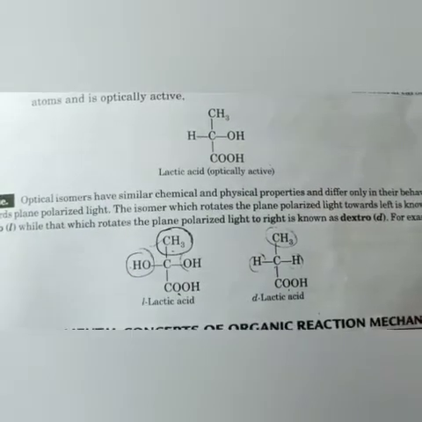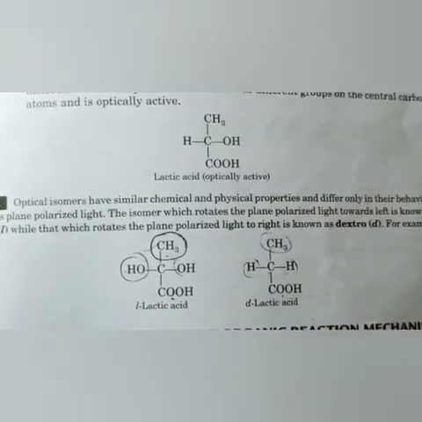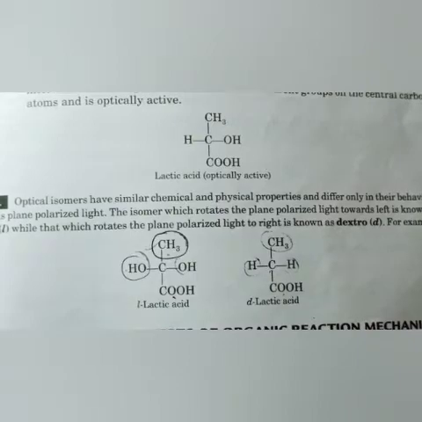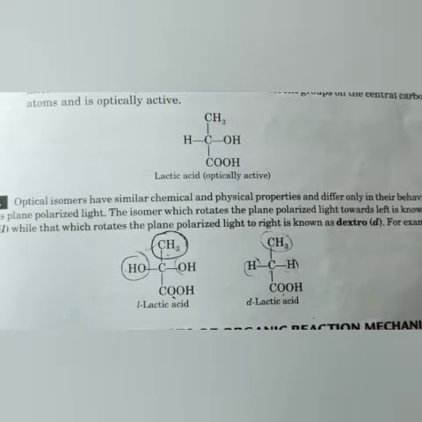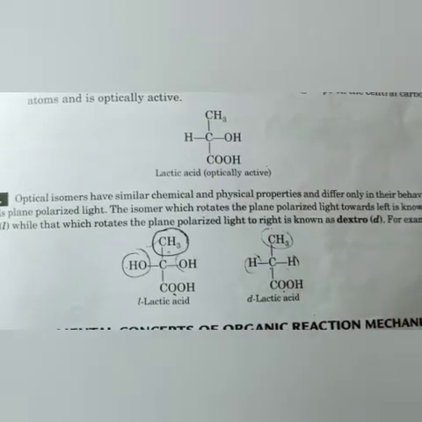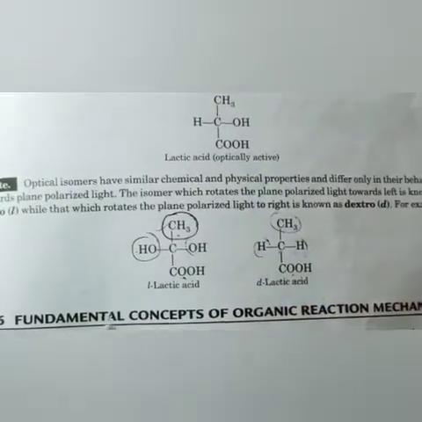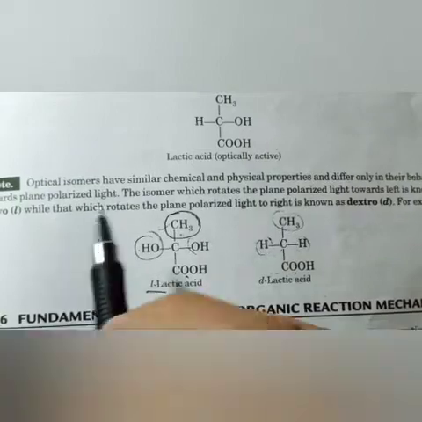If you see yourself in front of a mirror and raise your right hand, the mirror will show your left hand. If you raise your left hand, the mirror will show your right hand. Try to practice that. This is called dextro and levo. What are levo and dextro?